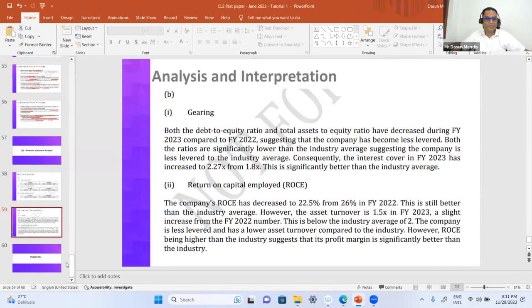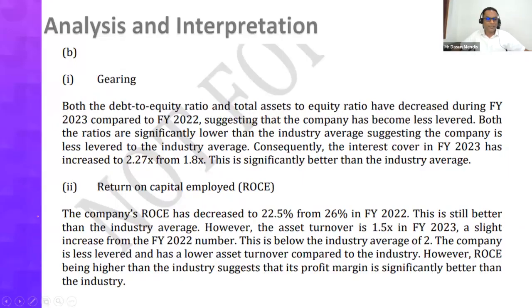If you look at this, it says both debt to equity ratio and total asset to equity ratio have decreased during the financial year 2023 compared to financial year 2022. Correct? Suggesting that the company has become less levered. Less levered means less gearing. Both the ratios are significantly lower than the industry average, suggesting that the company is less levered than the industry average.